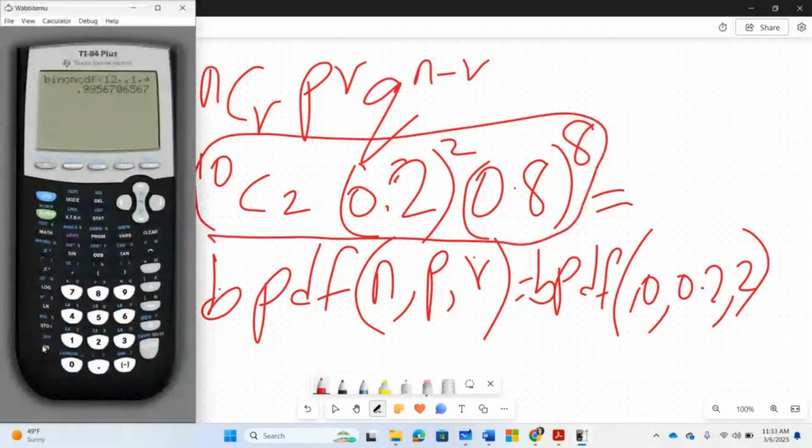So the first thing I want to do is turn my calculator on, go to second distribution. Remember, this is binomial. It is not normal. So I'm going to binomial PDF.